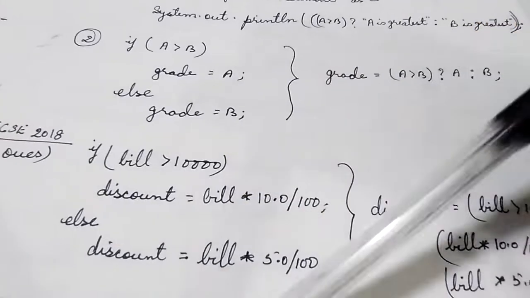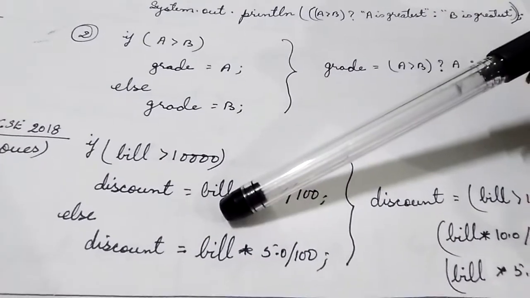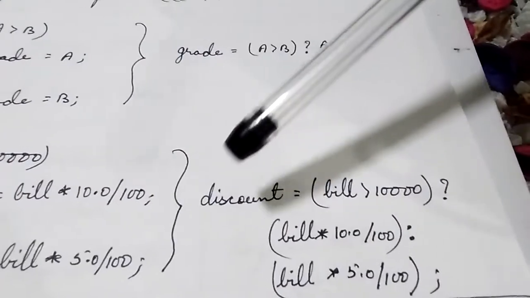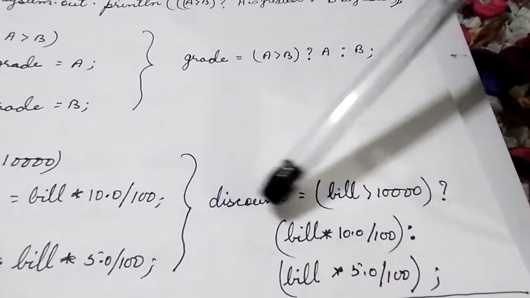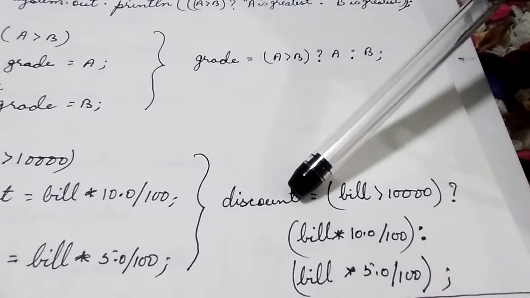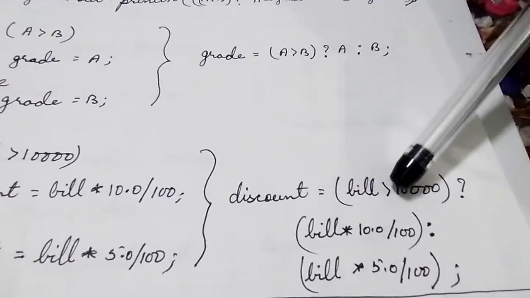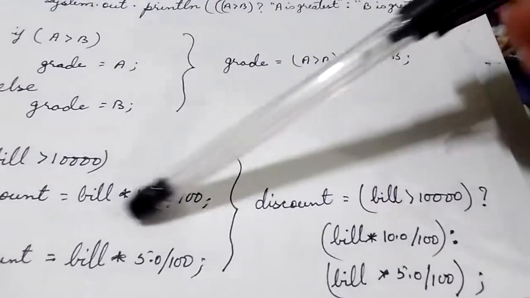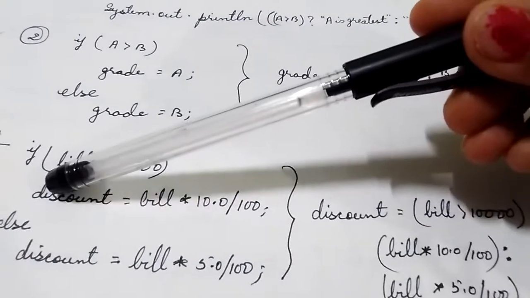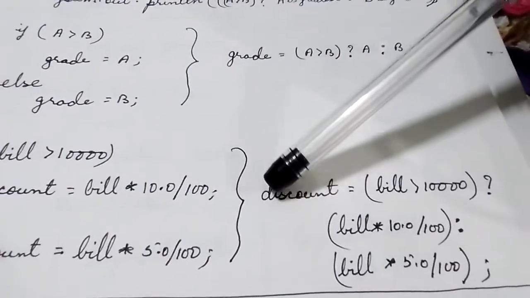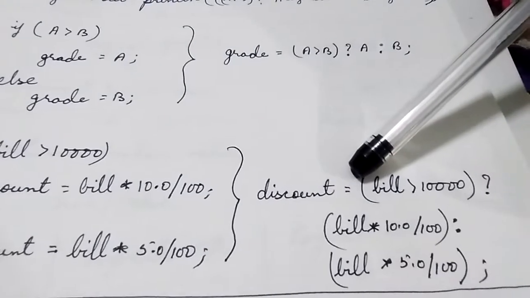The question was given this and it is asked to write using the ternary operator. We will write it in one line. There was no space so I changed the line. Discount equals to bill is greater than 10,000. As the result is stored in discount, that's why we are putting one equal to here.